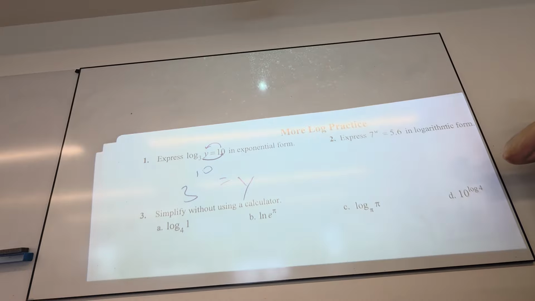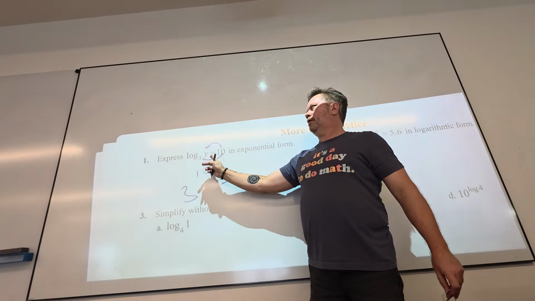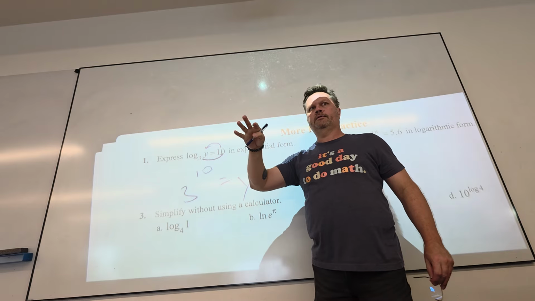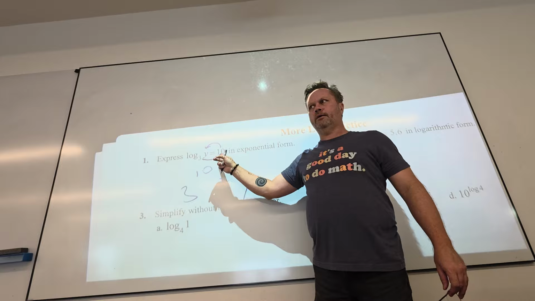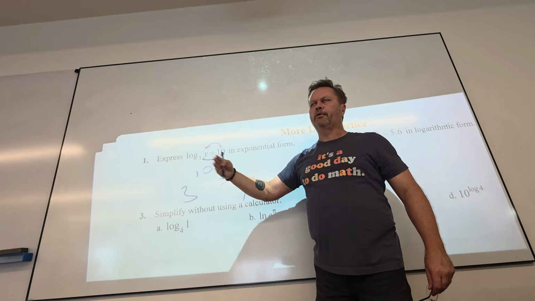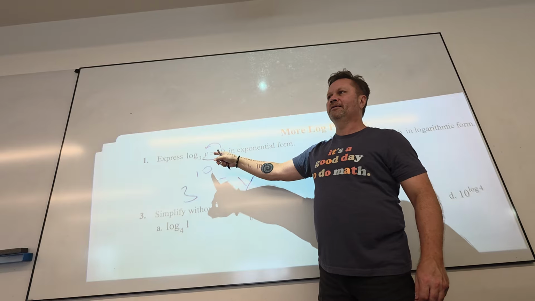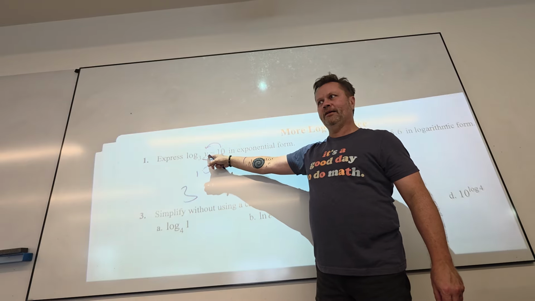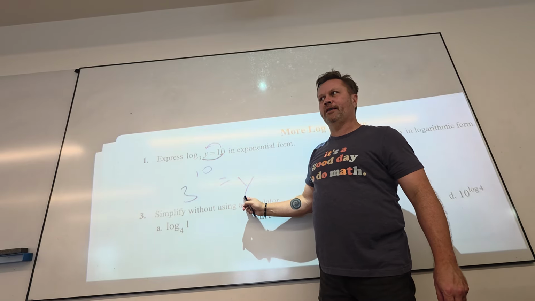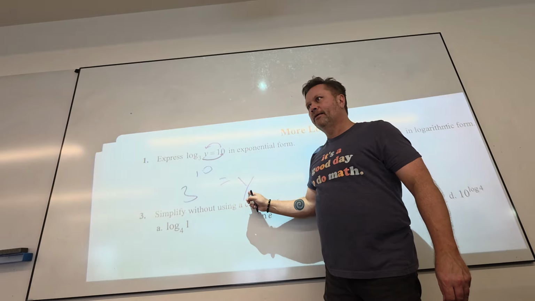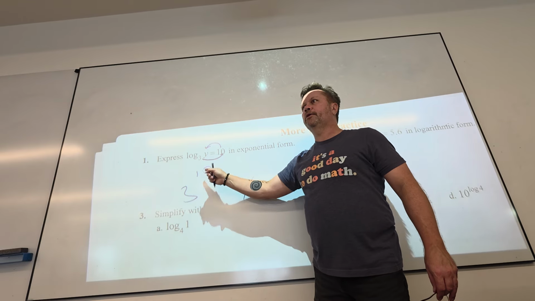Stay with me now. I want to point out something. What was the input to the log in the original problem? What did they put into the log? y. And what was the output in the other way to write it? y. Because these are inverses of each other. What do inverses do?